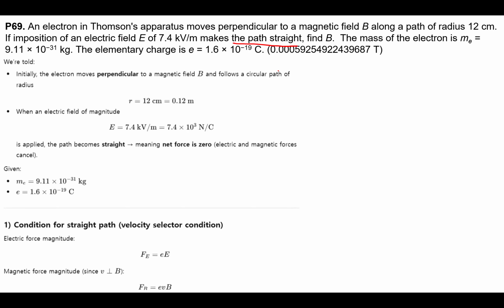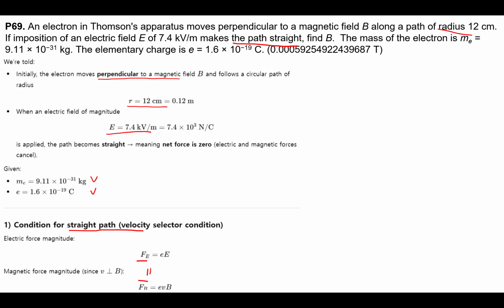So let's try to find out. The electron moves perpendicular to a magnetic field B, so the radius R is given, and the electric field magnitude is given. The mass is given, the charge is given. The condition for the straight path is that the electric force should be equivalent to the magnetic force.